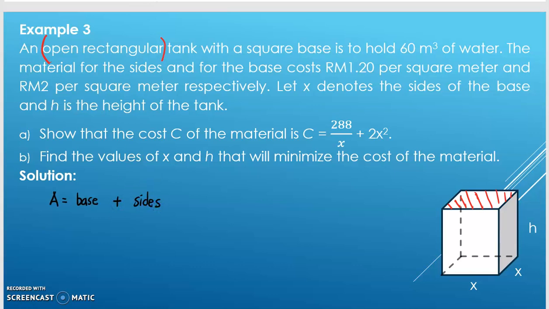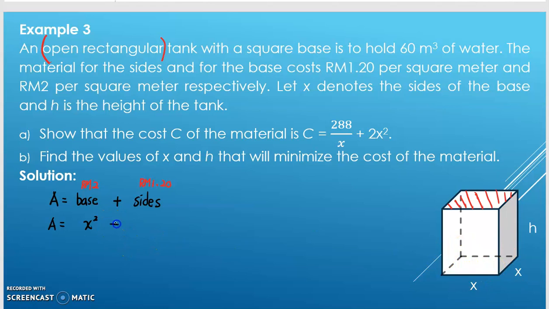Next thing you have to remember is that the cost of the base is Rm 2 ringgit, and the cost of the side is Rm 1 ringgit and 20 cent. So this one you have to know. Next, the area of the base is x squared, x times x.